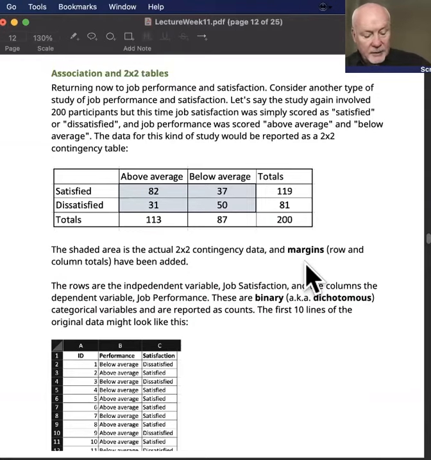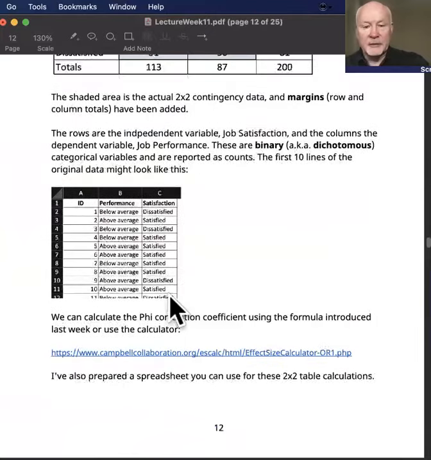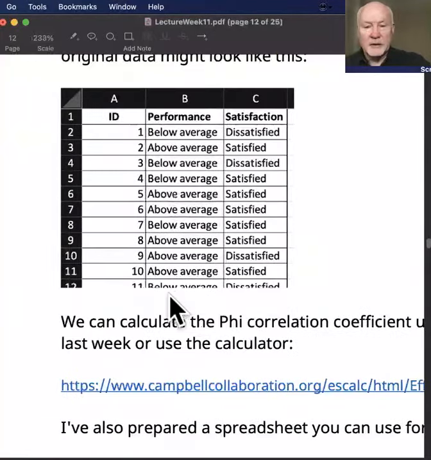In this case, the observations would be individual workers. They are rated in some way, again could still be done by questionnaires or some mechanism, as either having above average or below average performance, and either being satisfied or dissatisfied with their job.